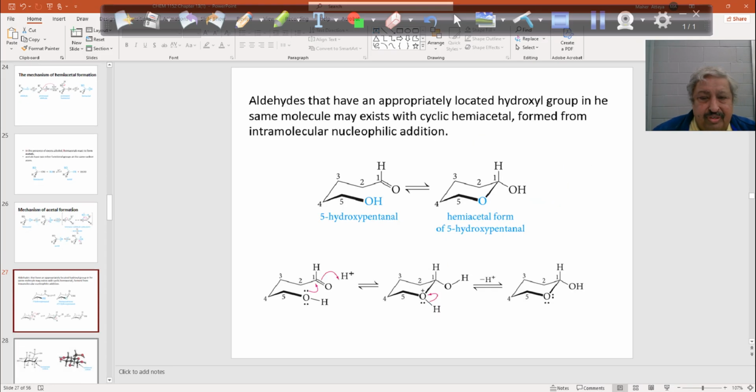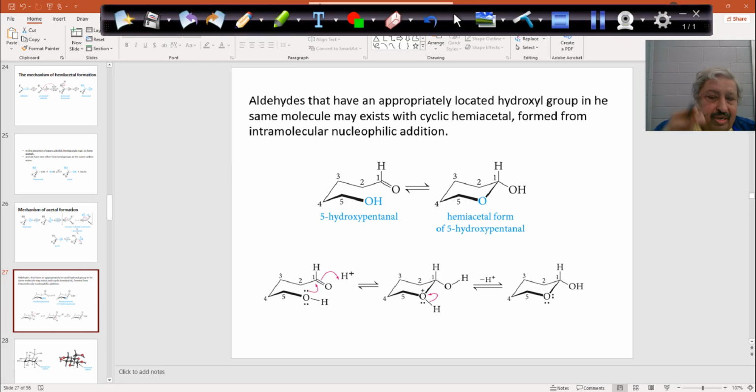Now, here's something very interesting to know. Sometimes nature, with this type of molecule, like 5-hydroxypentanal, that's an aldehyde, correct? The 5-hydroxypentanal can sometimes form resonance.